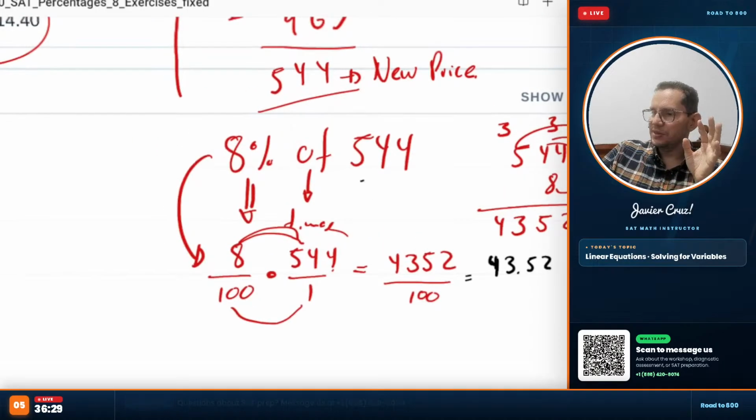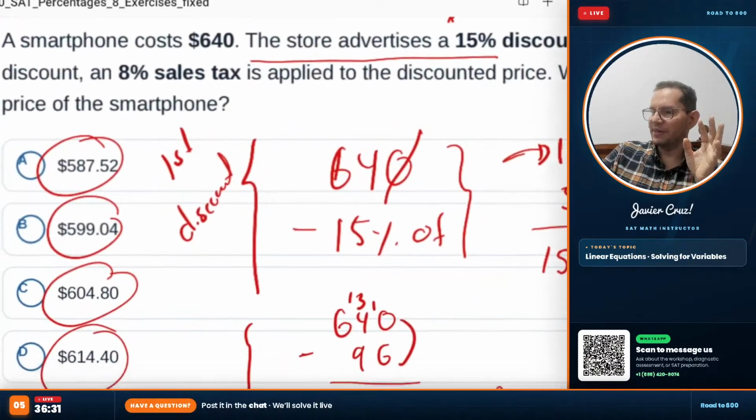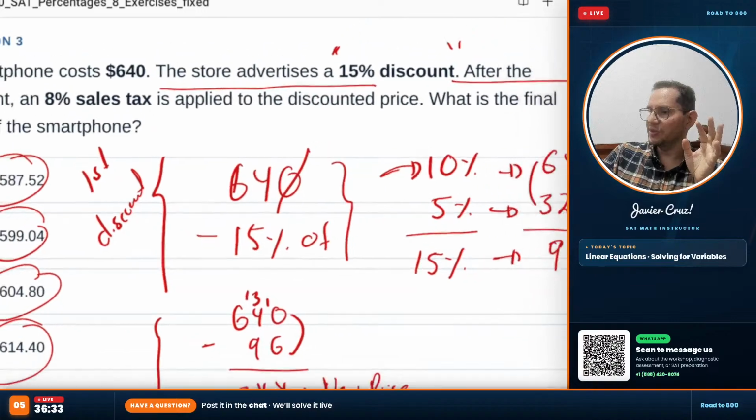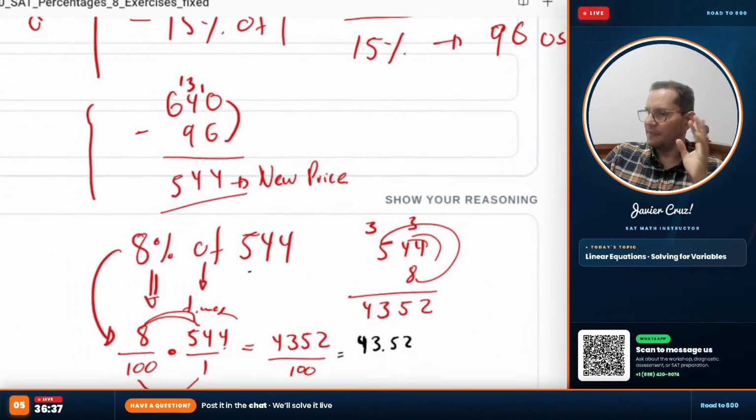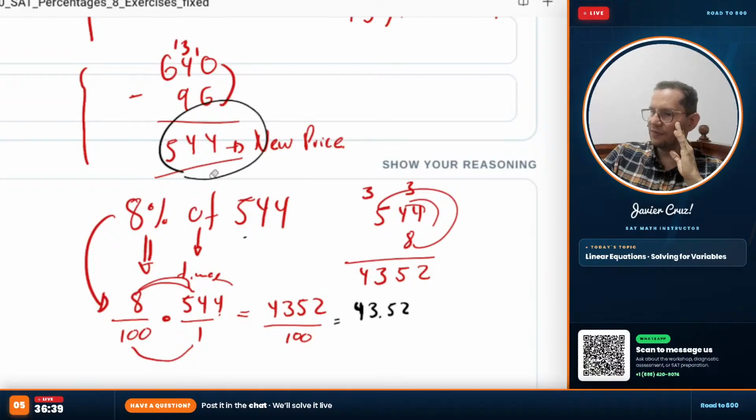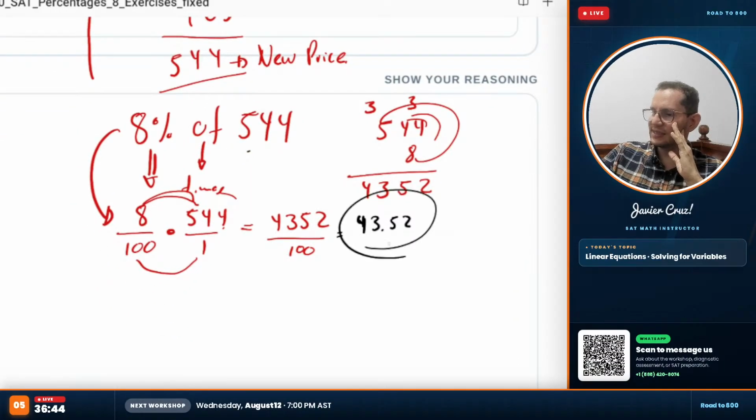But what is the question? The question is not to find the 8%. The question is, what is the final price? The before price that we have is 500, and that tax has to be added to the price that we had before.